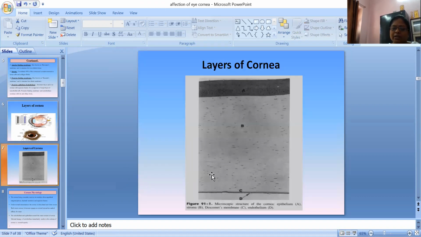You can see here this layer is epithelium and this one is Descemet's membrane, and the stroma is 90% of the corneal part. Endothelium is here. You can see endothelium.